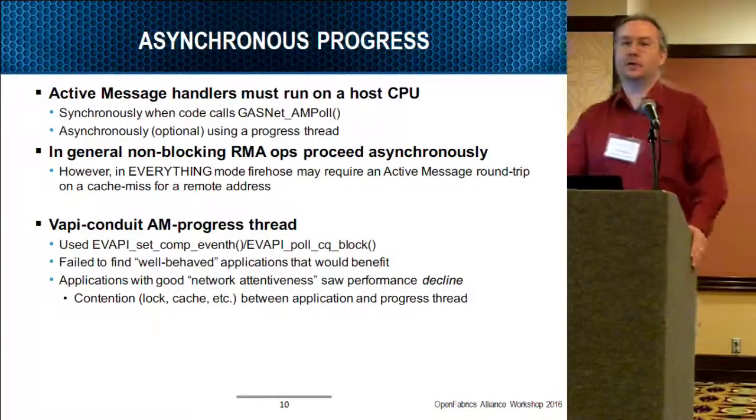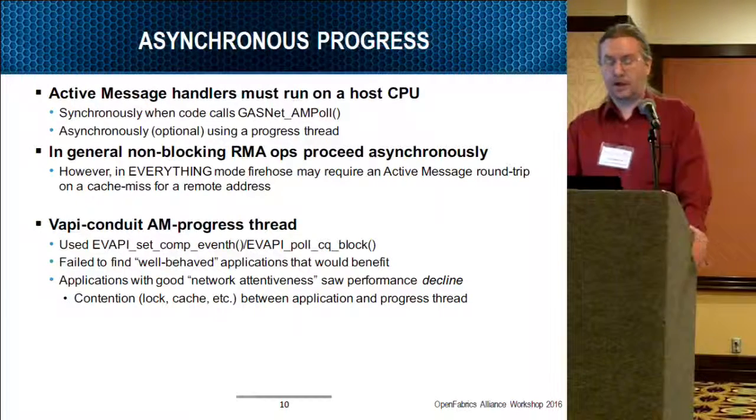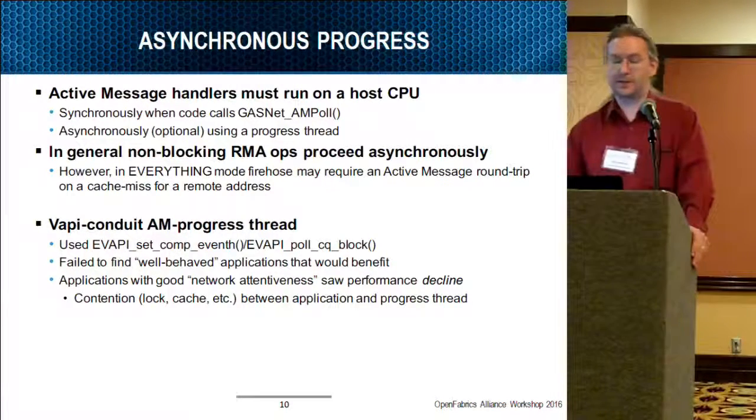One of the other things that we did, I said it started simple and it grew. These active messages, these RPCs, they do have to run on a host CPU. They will run synchronously when you make certain calls into GASNet, including GASNet AM poll to poll for active messages.